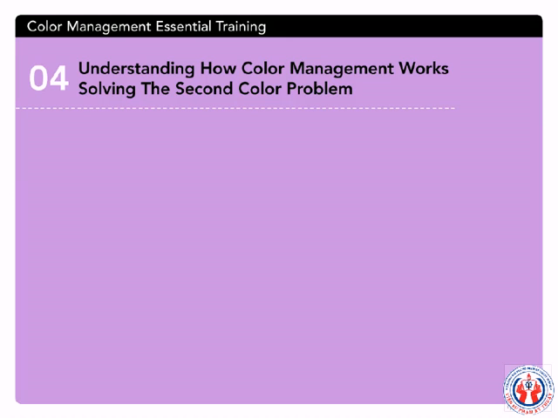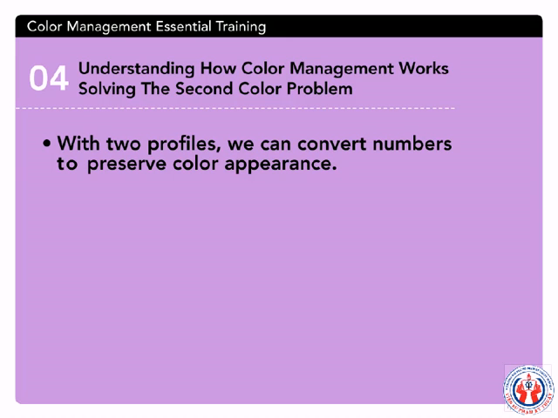You make a print, you change the numbers again, you make another print. Maybe you do this several times to get the color appearance you want, but you've changed the numbers. What we want color management to do is to come up with the correct RGB or CMYK numbers in the first place, so we don't have to preserve the color appearance we want.